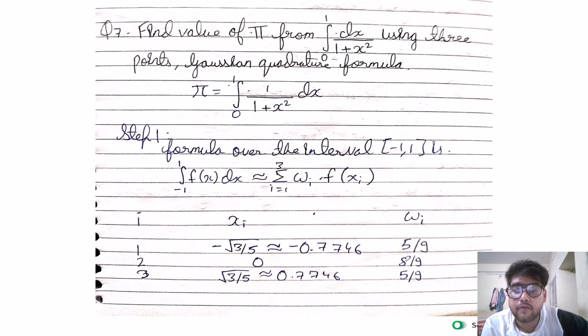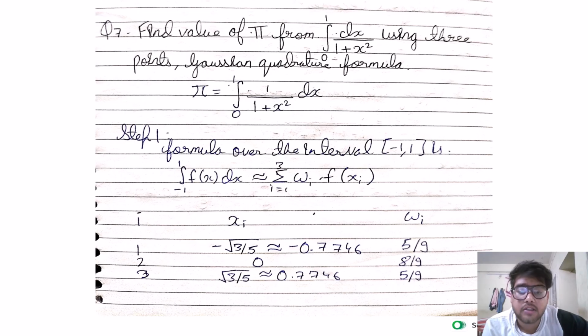The last question we have is to find the value of pi from the integration of dx upon 1 plus x square from the interval 0 to 1 using the 3-point Gaussian quadrature formula. So in step 1 we will have the formula over the interval -1 to 1.